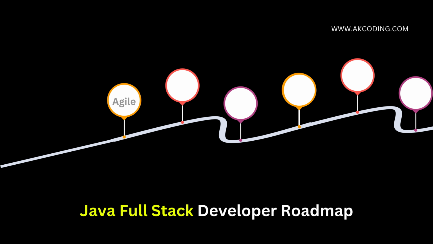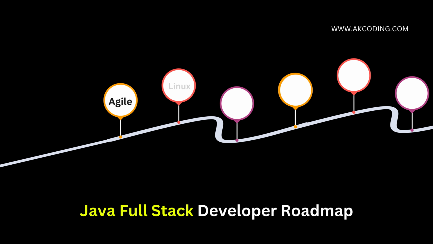In agile development practices, you should focus more on agile methodology like principles, sprints, and iterative development approach, and focus on pair programming, collaborative coding practices, sprint planning, backlog grooming, and velocity estimation and story points.